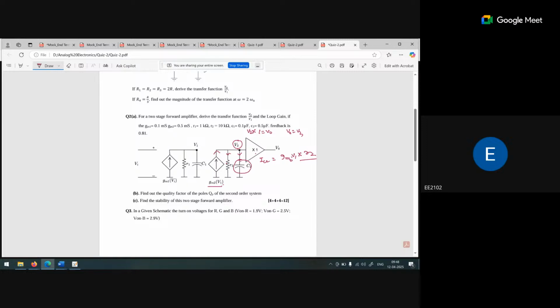The total resistance is nothing but series resistance R2 plus 1 by C2S. This is the current that is going in this branch. If I multiply it with 1 by C2S, that will give me the voltage V2. In this way we can calculate the voltage V2.